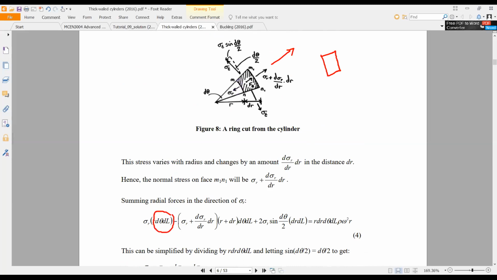Sigma r, this one. So you need to find the area of this surface. The length is r d theta, and the depth is dl. So this is the area of this plane. If you multiply by sigma r, this is the load applied on this surface. And here we consider the radial forces in this direction, that's why it is positive, and this one is negative.